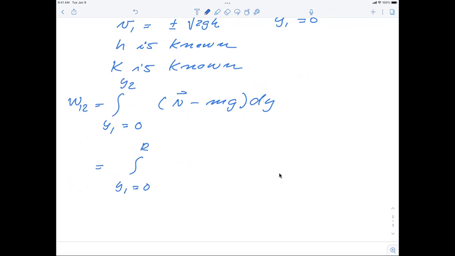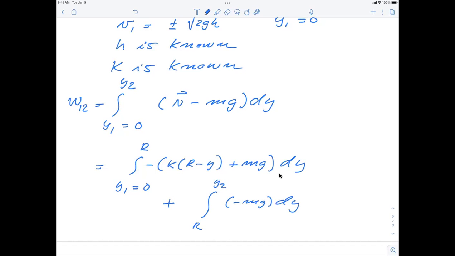So we put in the normal force N: K times (r minus y), plus mg, dy. But then the gravitational force keeps acting from r up to y2, so we have a minus mg dy.